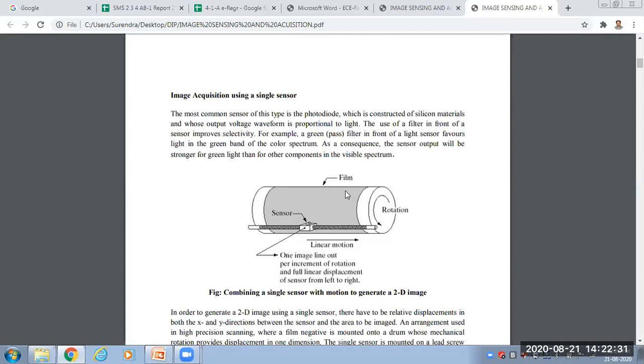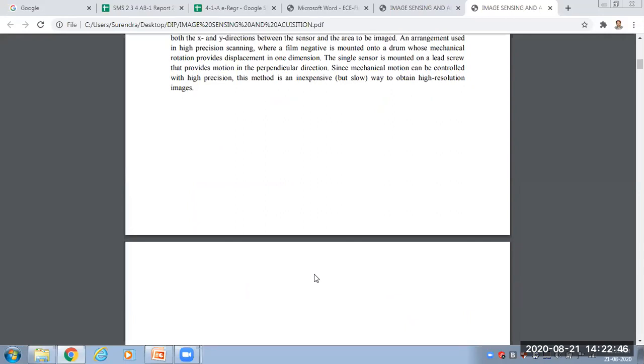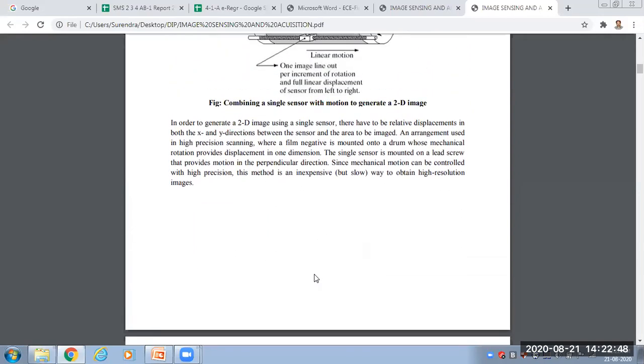Your film is rotating, and while rotating, this sensor can capture and give the two-dimensional image using a single sensor. This single sensor can generally be used to generate two-dimensional images, and there is also a motion element to move the images.